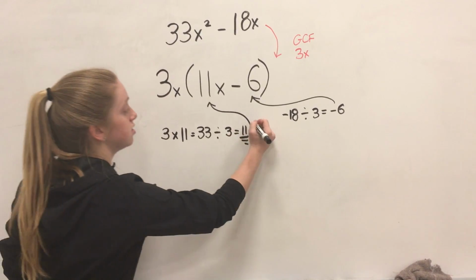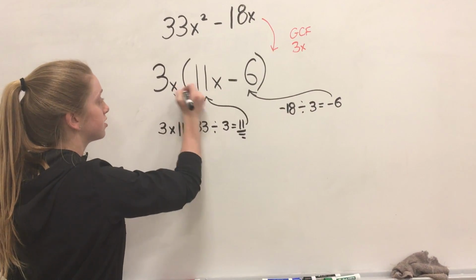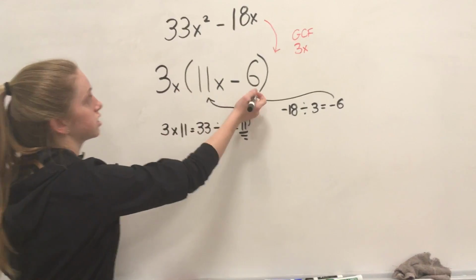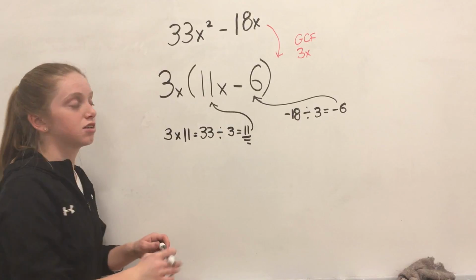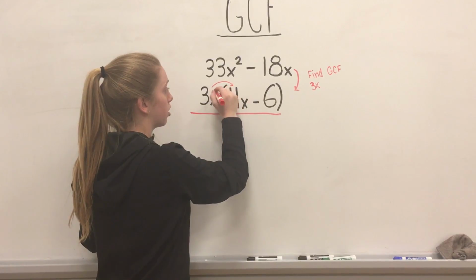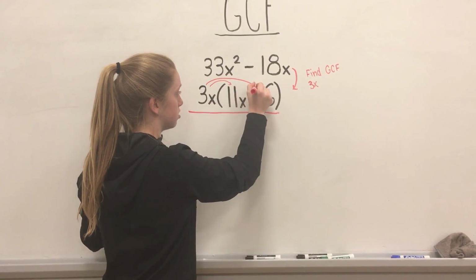And you have the x's because x times x equals x squared, and there's no x here because there's only one x. To check, you would basically just distribute your equation across.